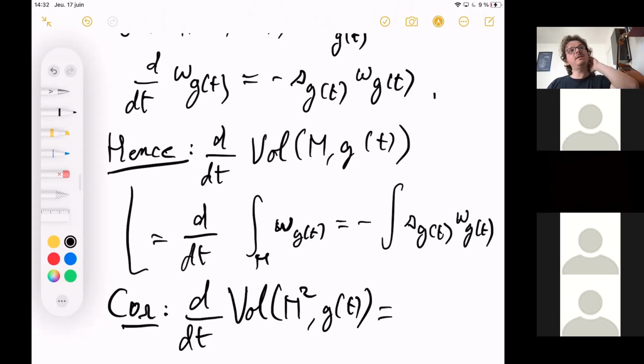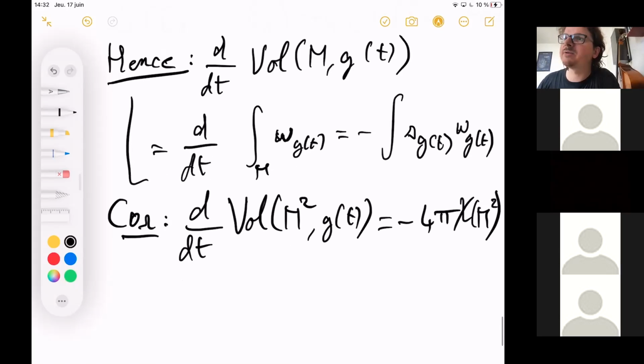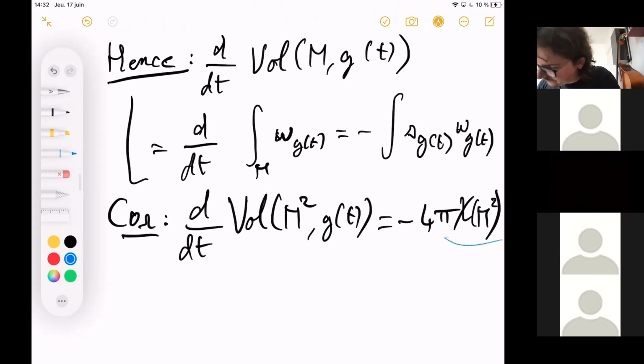In 2D, the scalar curvature is twice the Gauss curvature. So you can use the Gauss-Bonnet theorem, with chi of M, the Euler characteristic.